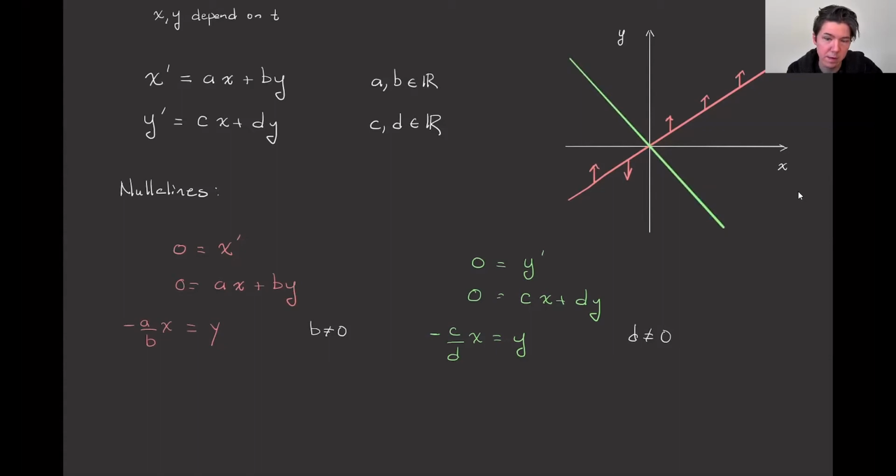And now here, there's no vertical change. The change in y with respect to time is 0. So you only have slopes that are looking to the left and right. It looks kind of something like this.